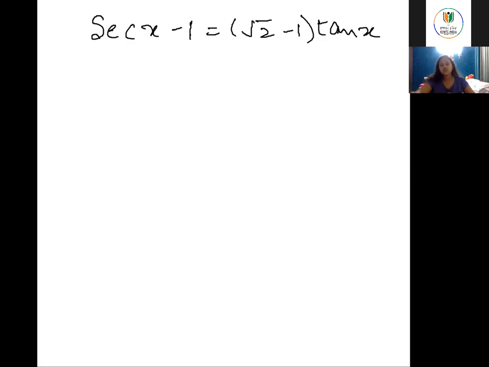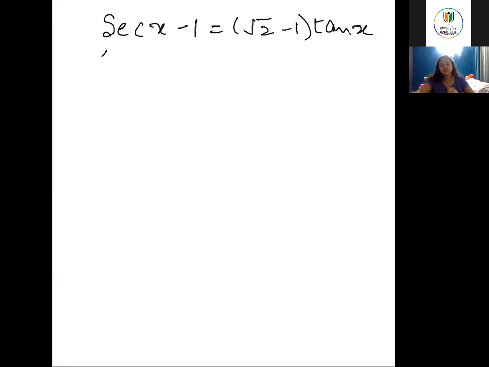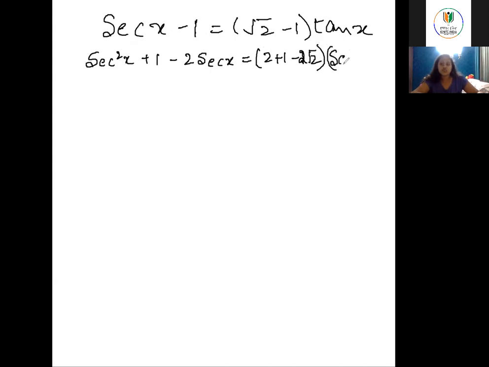So if you expand on LHS and RHS, I think you will get this. I'll just write it here. Sec square x plus 1 minus 2 sec x is equal to 2 plus 1 minus 2 root 2 times sec square x minus 1.